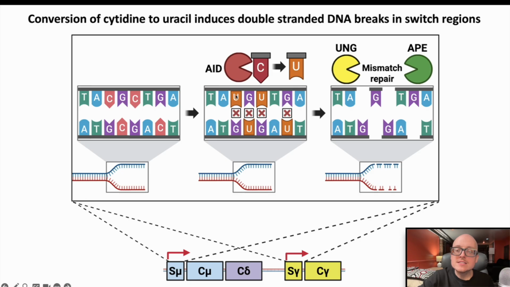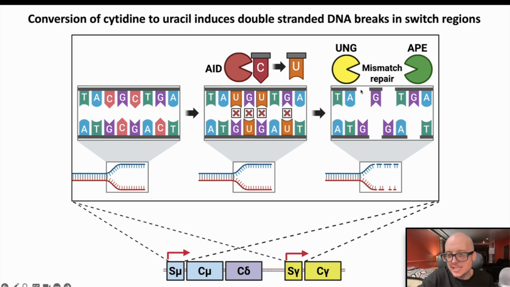So now that the cell's mismatch repair machinery is recognizing these mismatches, it's going to want to remove them. And there are two enzymes in particular, UNG and an enzyme called APE, which are part of the mismatch repair machinery. Simplifying a little bit, these molecules will excise those uracils.